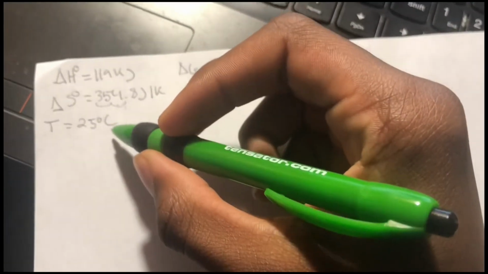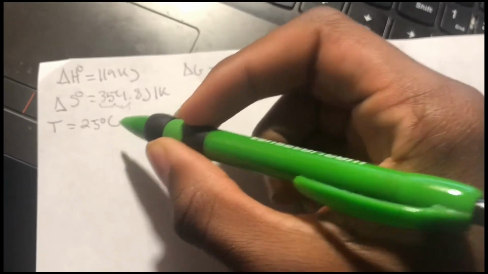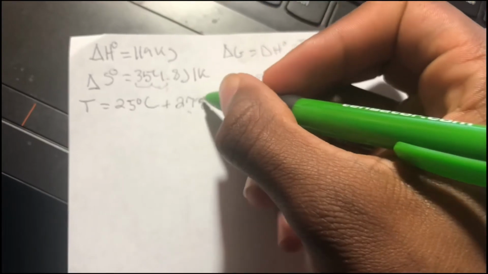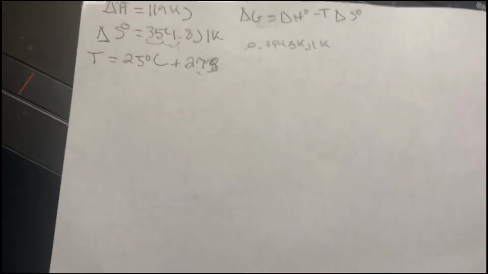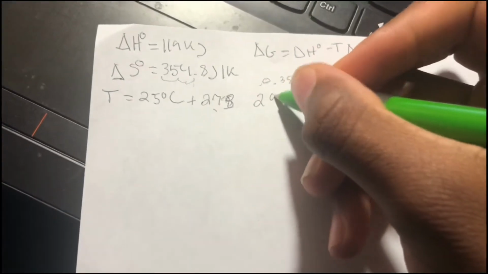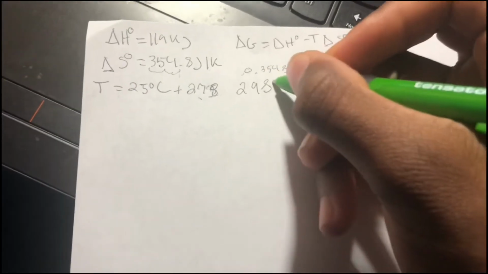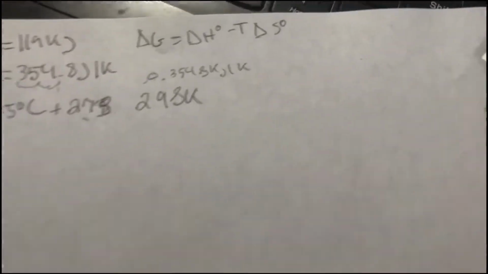Then to convert the temperature into Kelvin, you have to add 273 and you get 298 Kelvin. Then all you do is plug it in.